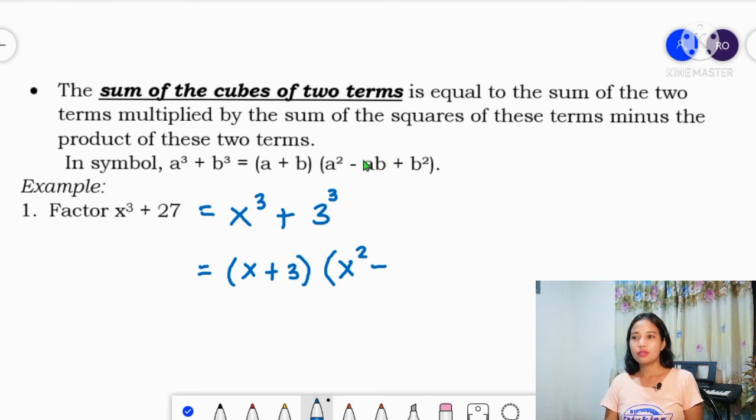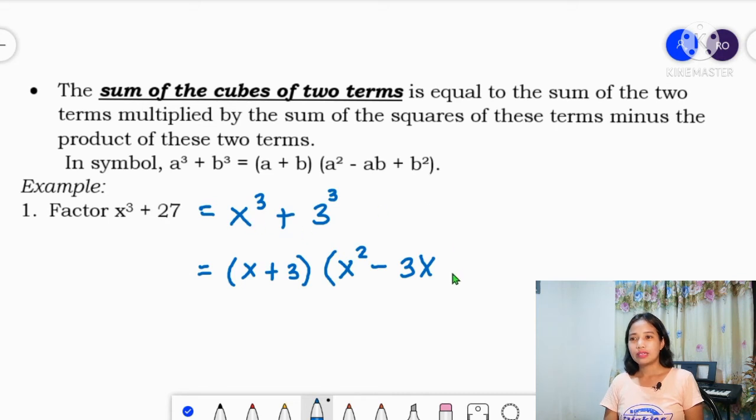And then, yung second term dito, sa second factor, okay, we will multiply daw, this is a and b, so ang ibig sabihin niyan, we have to multiply the first term and the second term. So, if we multiply the first term and the second term, x times 3, so the answer is 3x. Okay, so remember, we always write the numerical coefficient first.